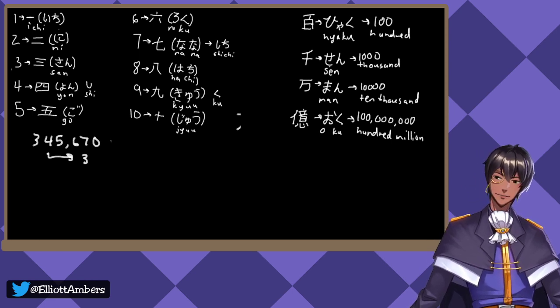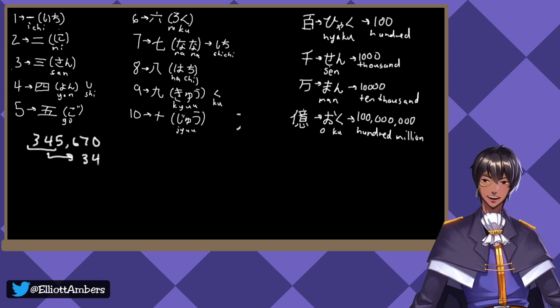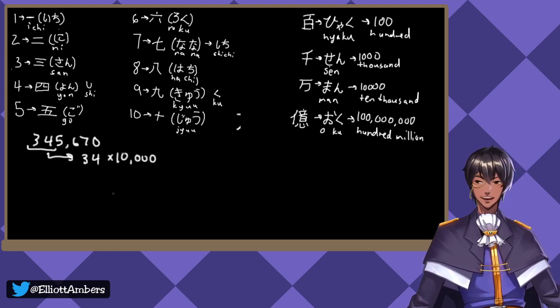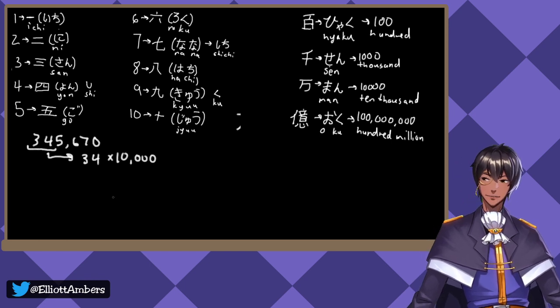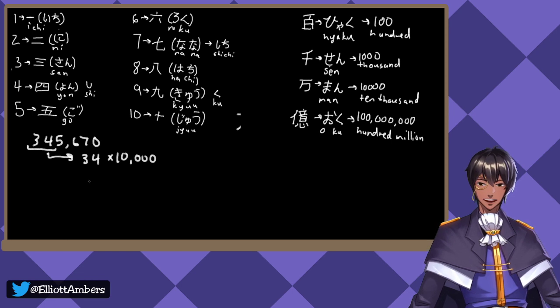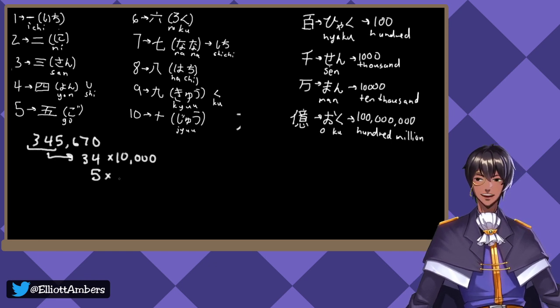Actually, since we don't have a number for 100,000, what we're gonna do is use our biggest term that we can, in this case the 10,000, and we're gonna say 340,000. You have to look at it like you're breaking down a math problem from second grade when we first learn about place values. Actually, I think that might be first grade. I don't remember what year little kids learn place values. I only teach high school. I don't know what happens down at that lower level.